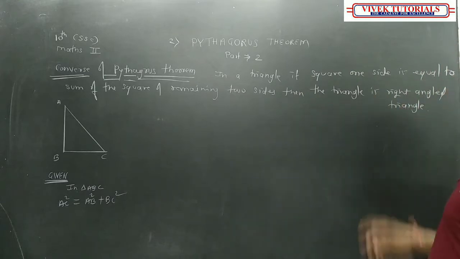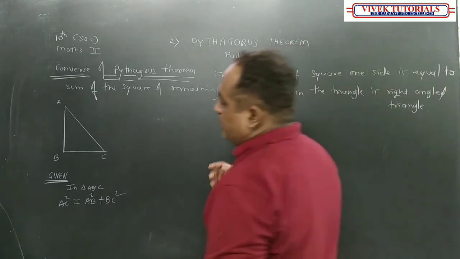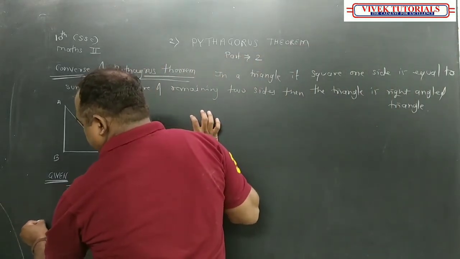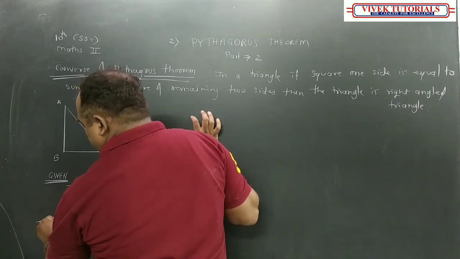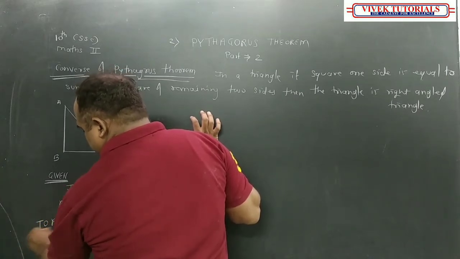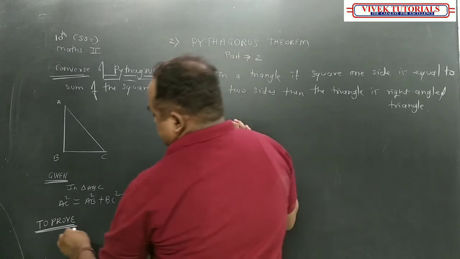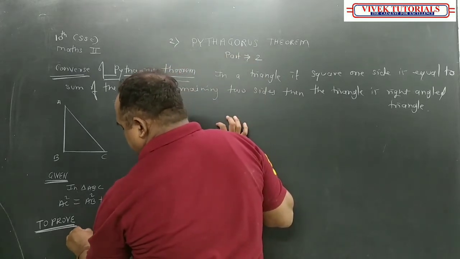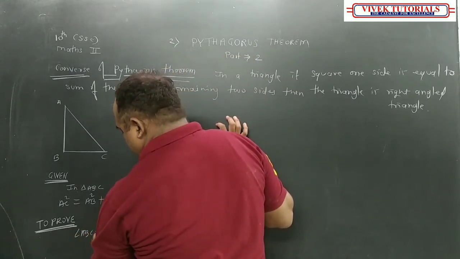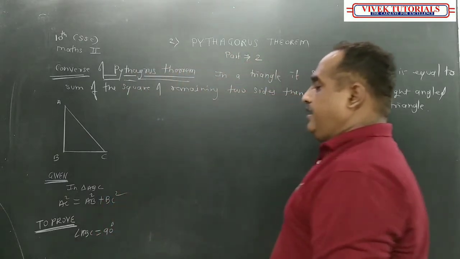Then the triangle is a right angle triangle. But what is the meaning of right angle triangle? To prove angle ABC is equal to 90 degree.